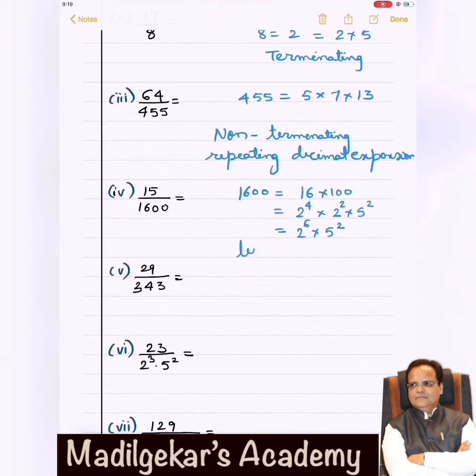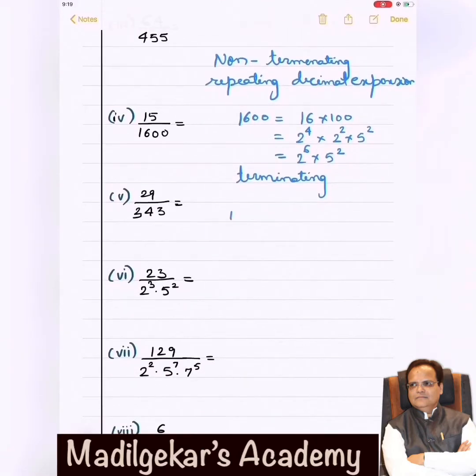So here 1600 is expressed in the form of 2 raised to n, 5 raised to m. So it has a terminating decimal expansion. So in this way, you can easily check whether the given rational number has a terminating or non-terminating decimal expansion.